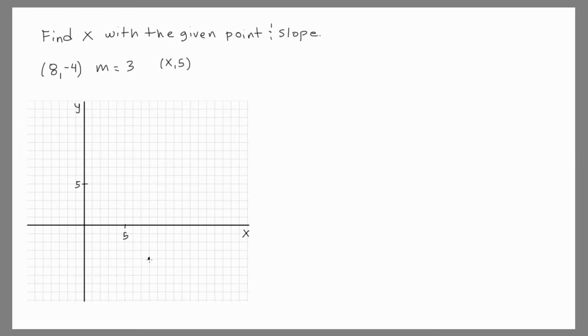It's right here. Okay, and then the slope, right? The slope is 3/1, which is the change in y over the change in x.